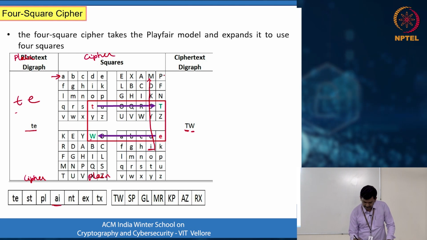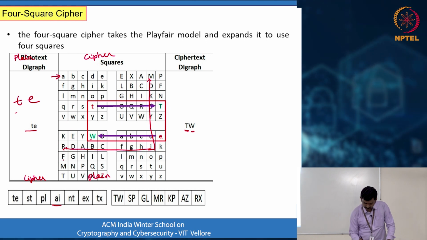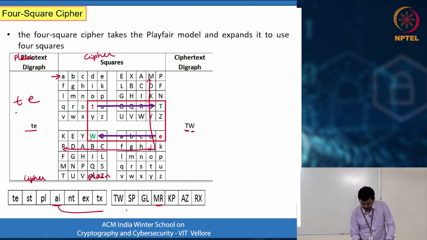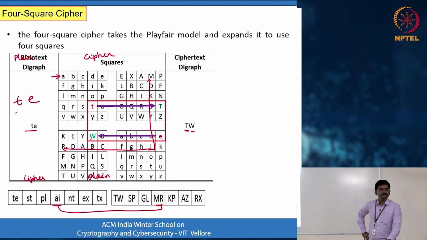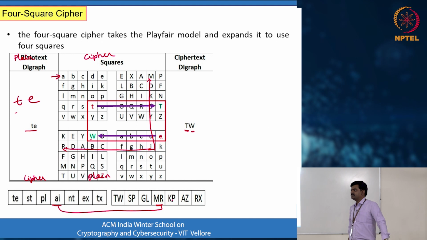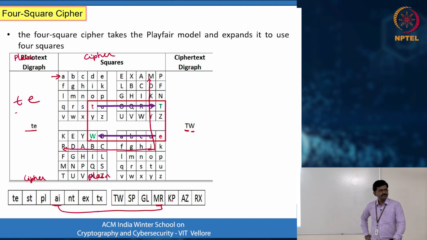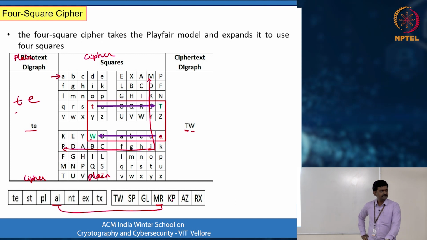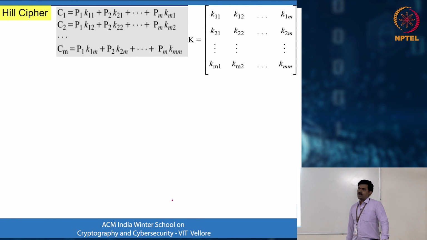This, M. Fine. This is called the four-square cipher, which is extended on top of the Playfair cipher. Are you able to follow? So yes or no? Good. Okay. Next you have the Hill cipher.